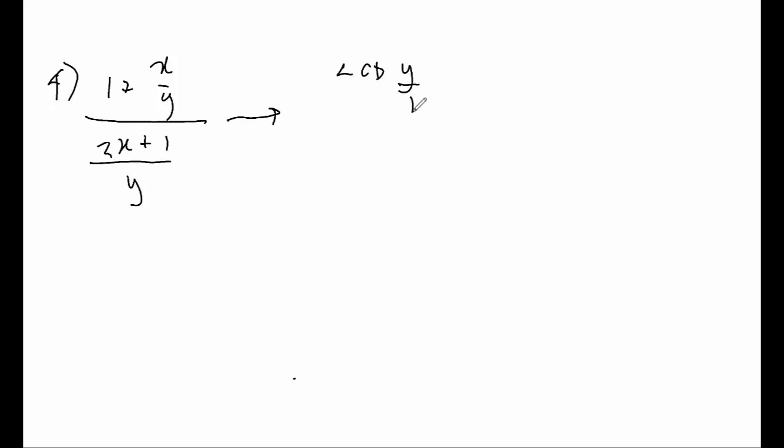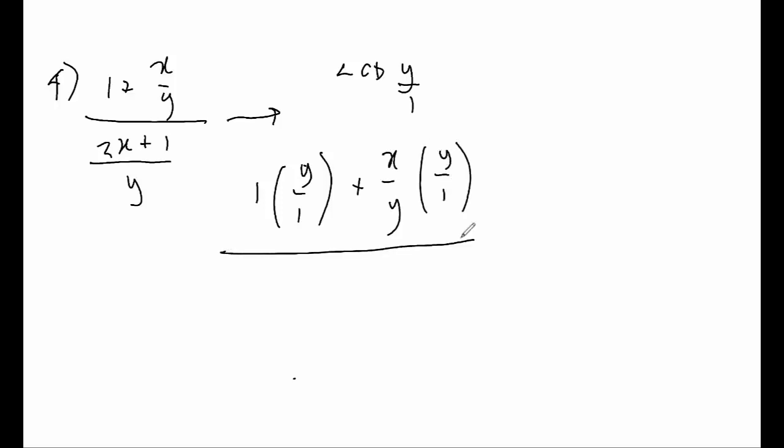So now I'm going to multiply through everything by y over 1. So I have here the first term, 1 times y over 1 plus x over y times y over 1. And then the bottom, I do the same thing. 2x plus 1 over y times y over 1.